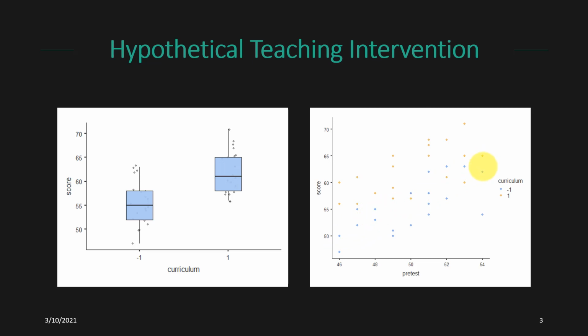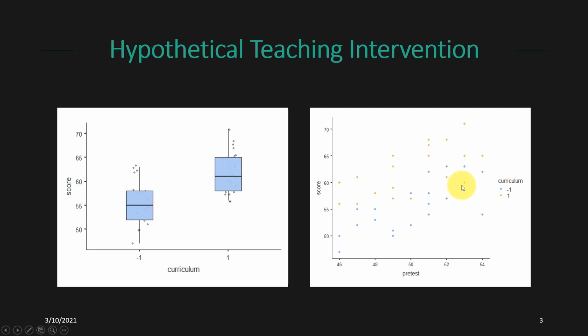Then we're color coding the individual dots based on the curricula, where again -1 is the control or standard curriculum, and +1 is the experimental curriculum. So you can see that there are now different sources of variance in terms of people's ultimate scores, or where they end up. You can look at the vertical shift between the yellow and the blue dots.